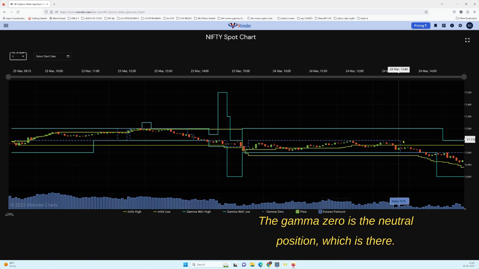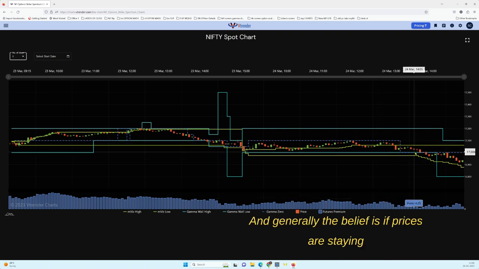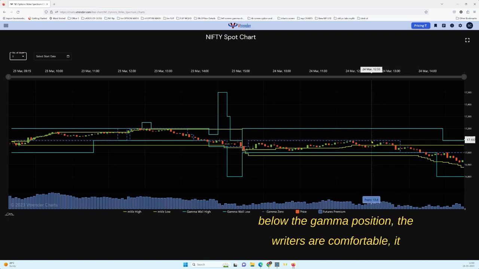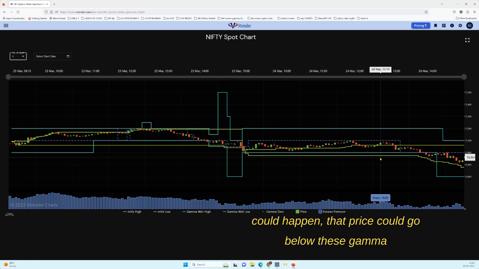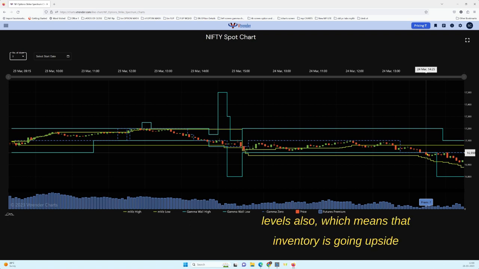The gamma zero is the neutral position, and generally the belief is if price is staying below the gamma position, the writers are comfortable. It could happen that price could go beyond these gamma levels also, which means that inventory is caught upside down at that particular instance of time. When it does, a couple of things can happen.